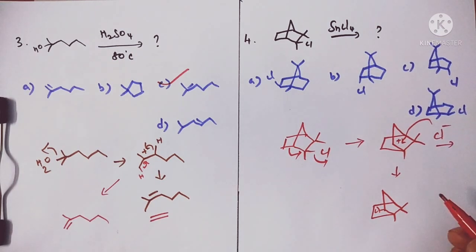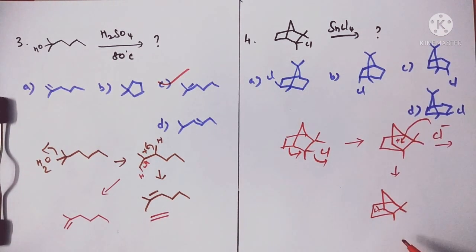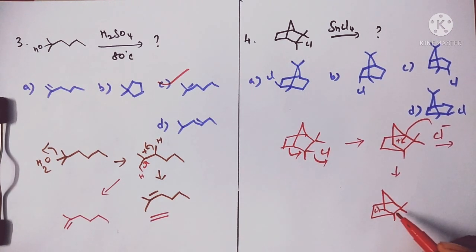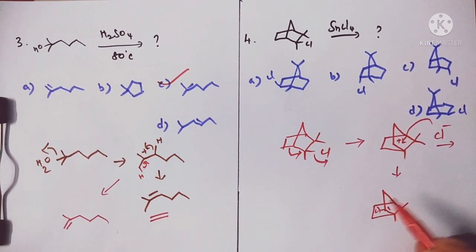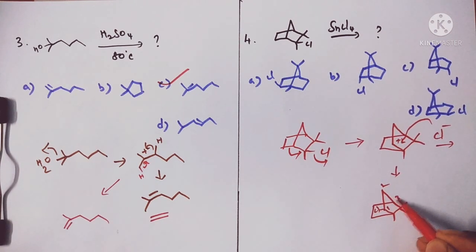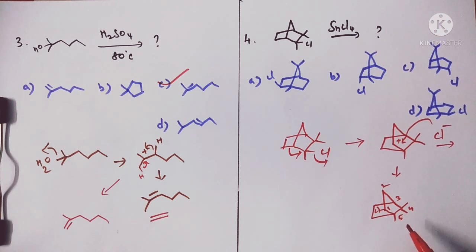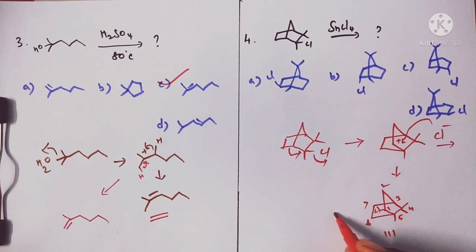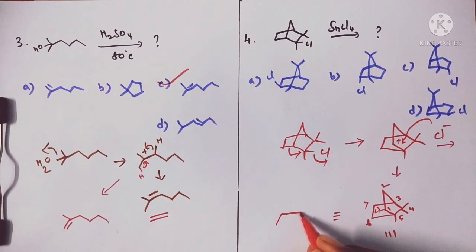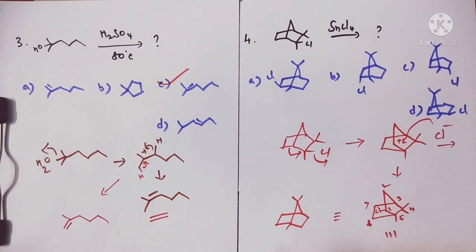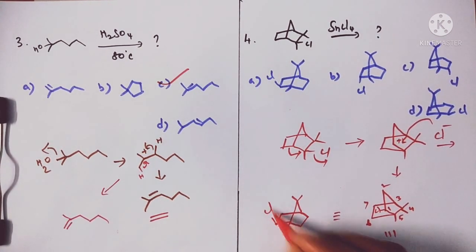But in this, the rearranged structure is given. So start writing the numbering 1, 2, 3, 4, 5. Okay, this is 6, this is 7. If you write the rearranged structure, here is the chlorine.